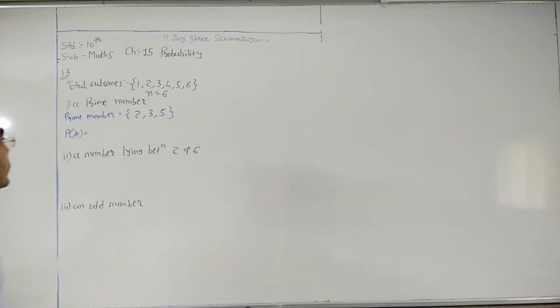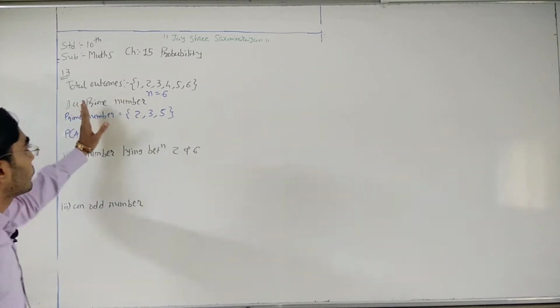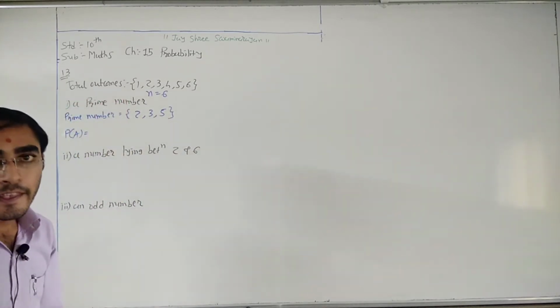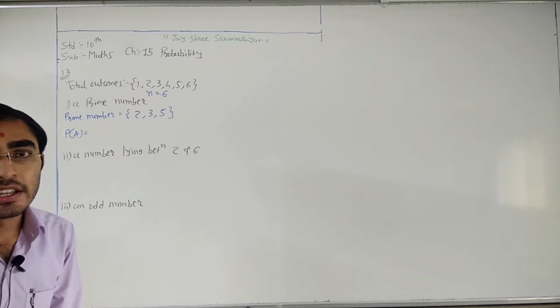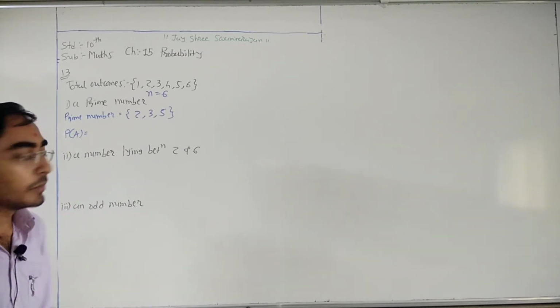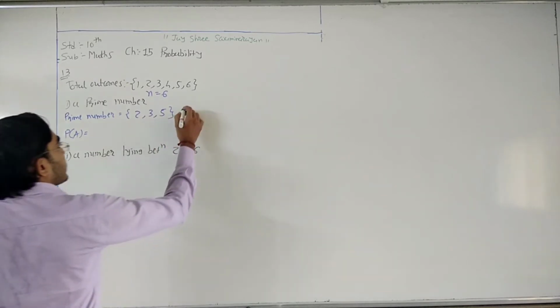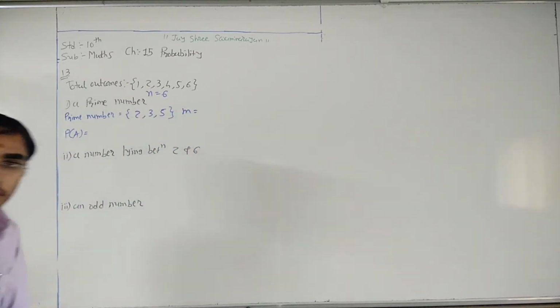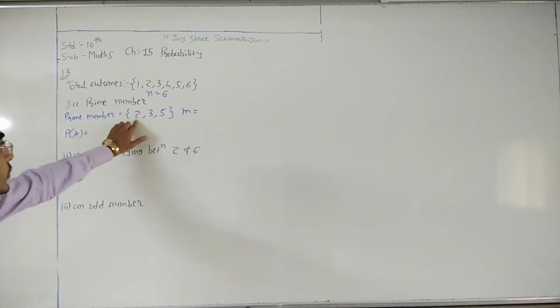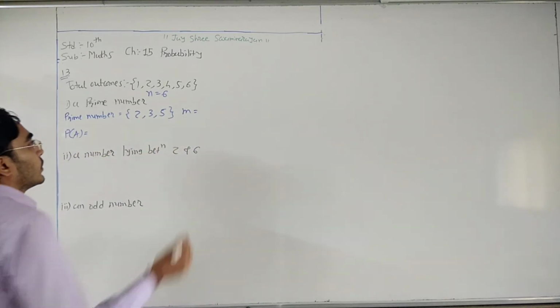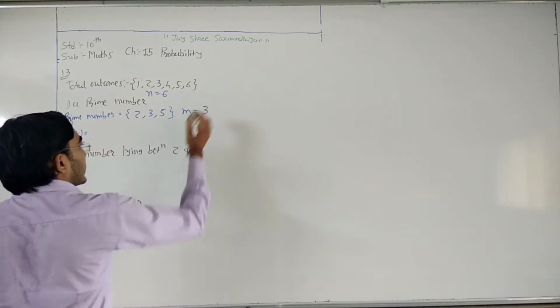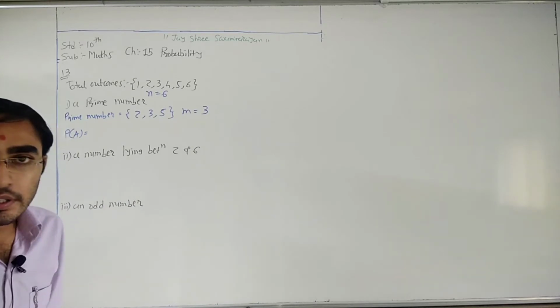Okay. Now favorable outcomes. Here we want to find the probability of a prime number. So how many prime numbers are there? It becomes our favorable outcomes. Here our numerator m is the favorable outcomes. How many? So 2, 3 and 5. Total 3 prime numbers are there. So m is equal to 3.